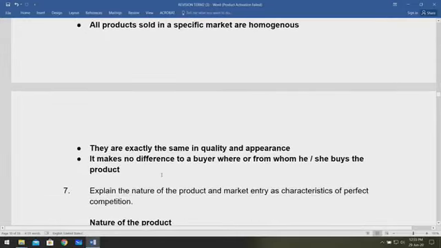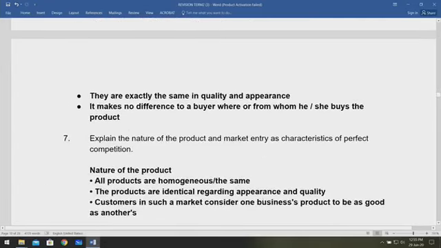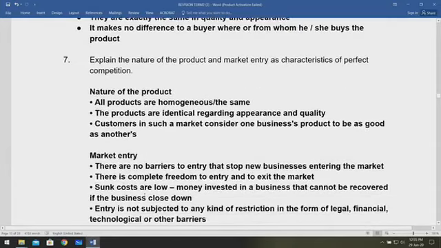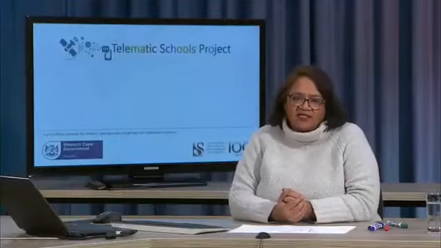Then if you look at question 7, they ask you the same question again, explain the nature of the product, but now they're asking you market entry with that. So once again, same description for nature of the product, but now you're looking at another characteristic, which is market entry. What I'm trying to show you here is that they can ask you to discuss any of the characteristics.